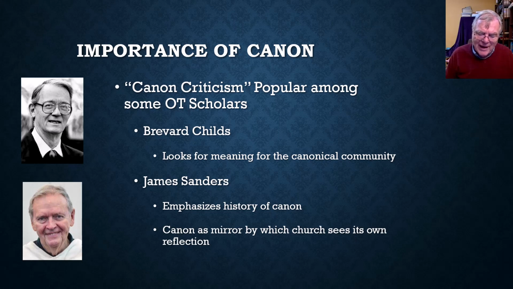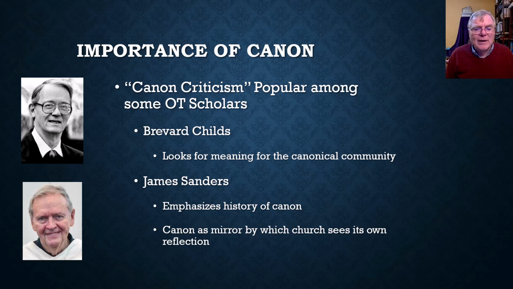It's that which is canonical. Of course, you could ask the question, well, why accept historically flawed and or distorted materials as canonical? But that's the approach that Childs took.